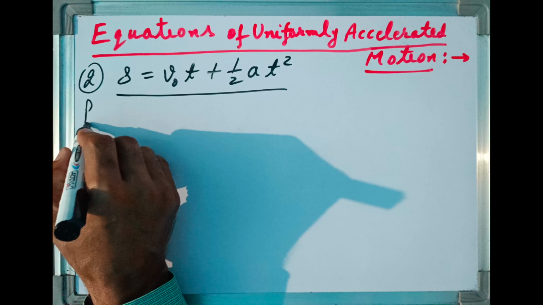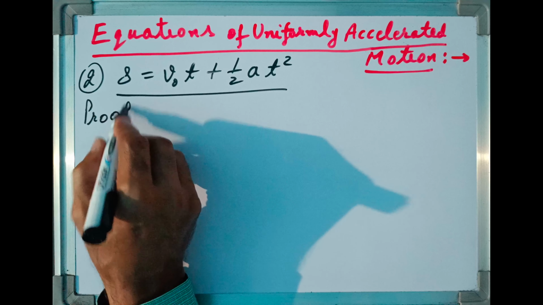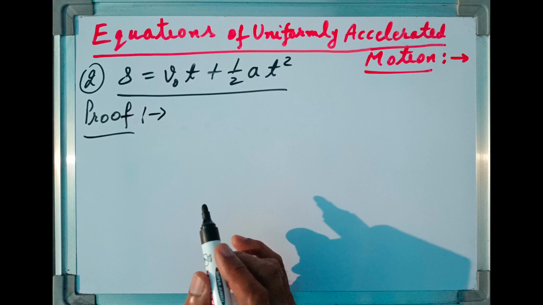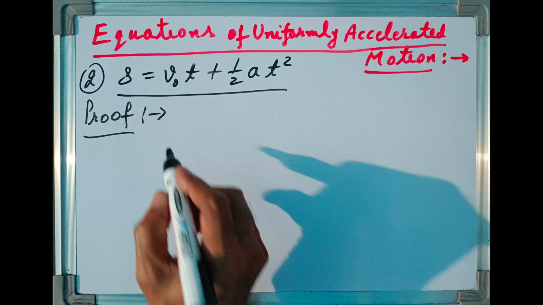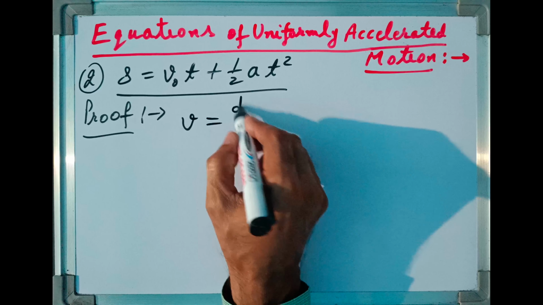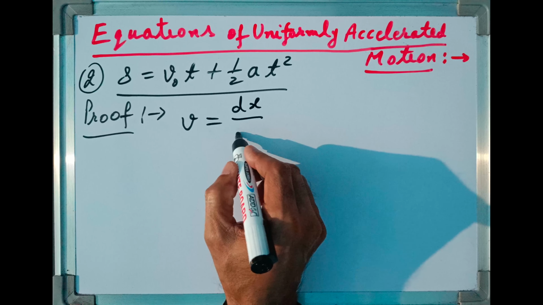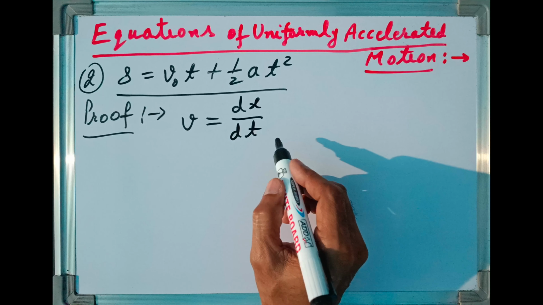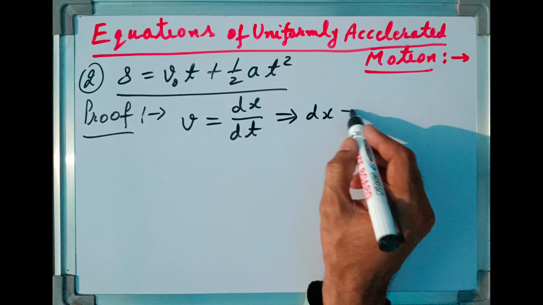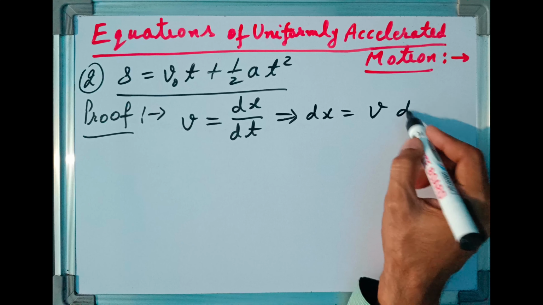Now how to prove this by calculus method? For proving this equation, let us consider the definition of speed. As we know, speed is defined as rate of change of position coordinate with respect to time. This will give us dx is equal to v dt.